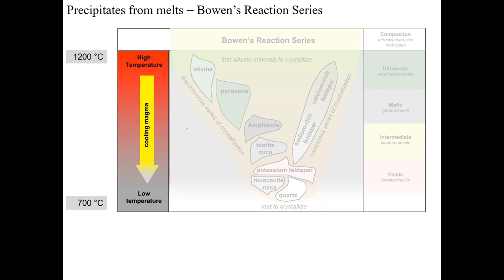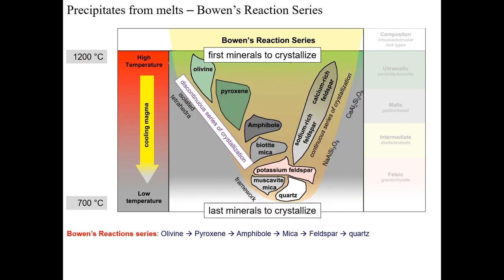Now, it's kind of cool. Just look at this. We start off at a high temperature, and we are going to cool down slowly to a low temperature. The temperature at which the basalt is totally molten is around 1200 degrees Celsius. The temperature at which it is totally crystallized is about 700 degrees Celsius, and things are going to start coming out little by little. Okay, so when we start to cool things off, the first mineral to crystallize is olivine.